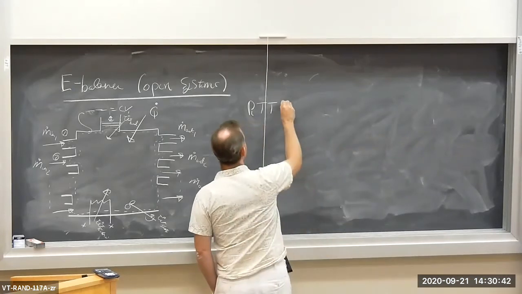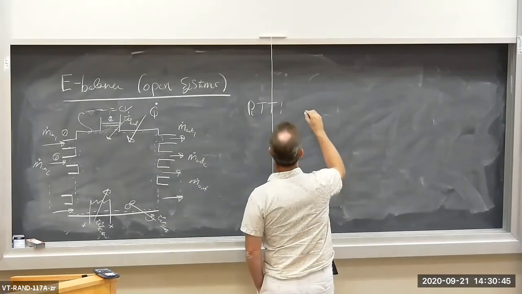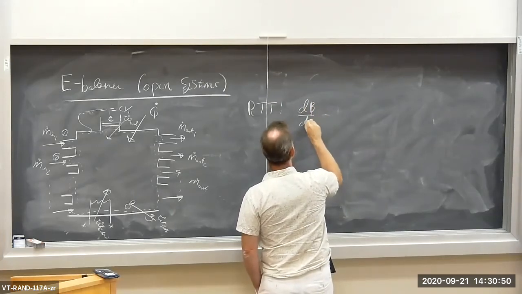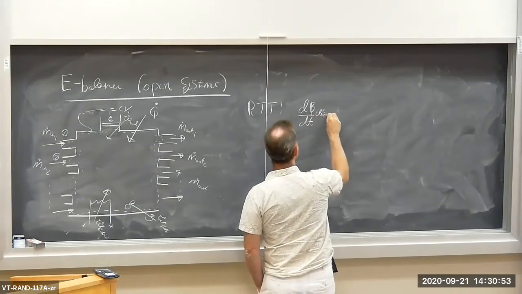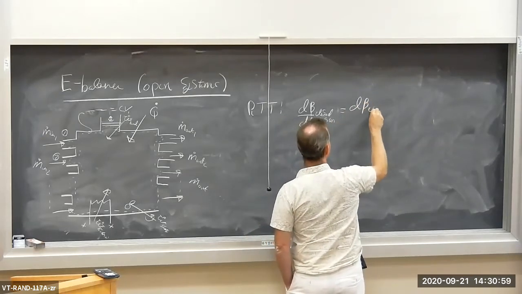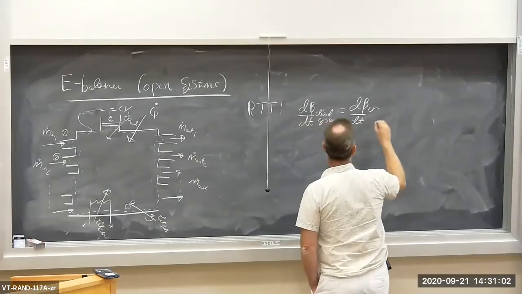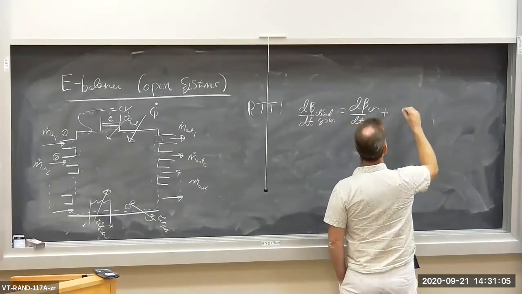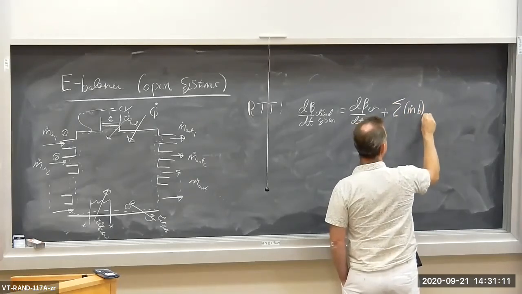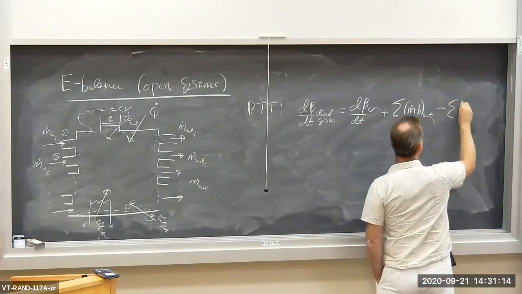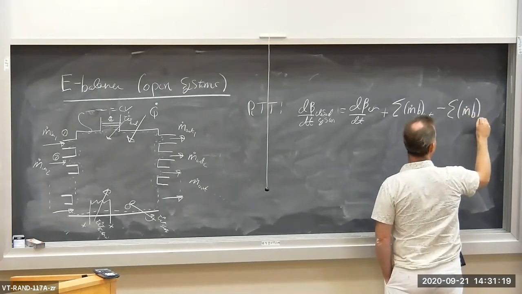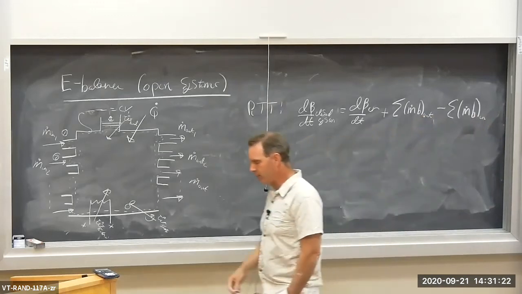So the Reynolds transport theorem says the time rate of change of beta within my closed system is equal to the time rate of change of beta within my control volume, plus the sum of m dot lowercase beta out minus the sum of m dot lowercase beta in, summed over all inlets and outlets.